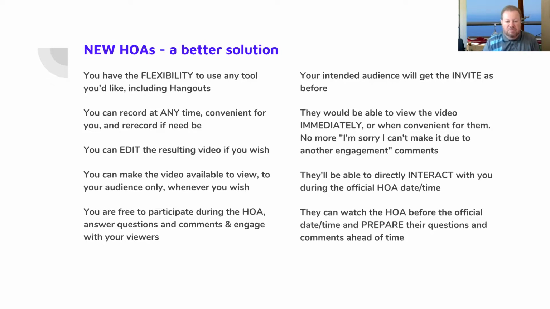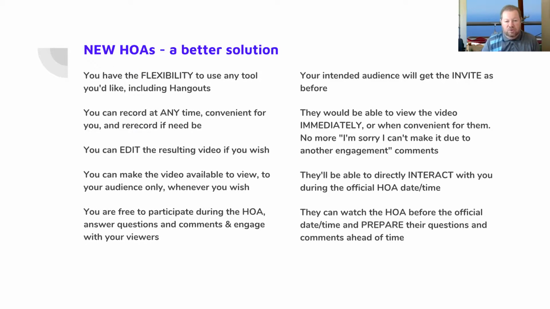You can also make the video available to view to your audiences whenever you wish. So I have the flexibility, just like you always had, in terms of posting videos to, not HOAs necessarily, but videos to YouTube, that you can indicate that the video status will be private or unlisted or public.